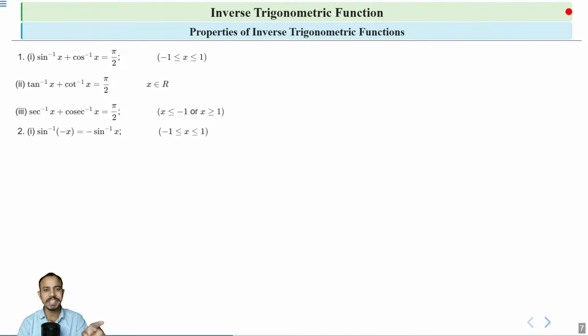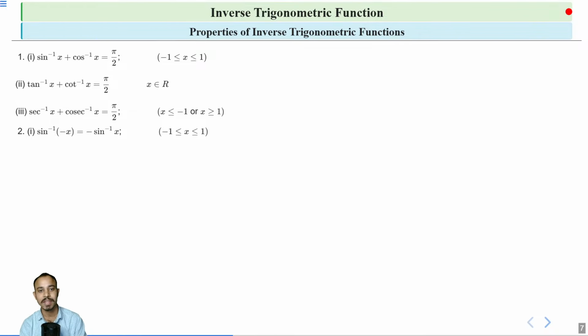In this case, if we take f of x as sine inverse x, then f of minus x is sine inverse of minus x, which we can write as minus f of x, that is minus sine inverse x. So sine inverse function is an odd function. That's why sine inverse of minus x is equal to minus sine inverse x. Here minus 1 less than equal to x less than equal to 1.